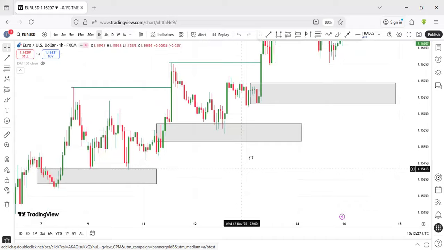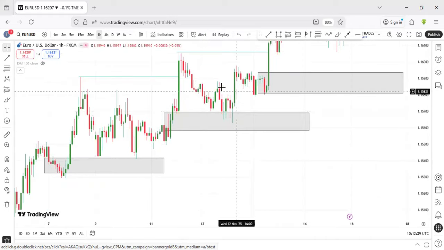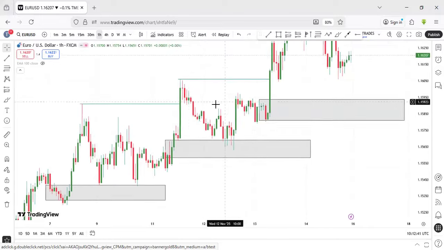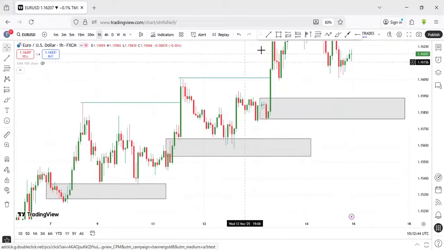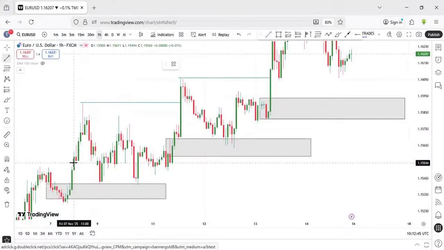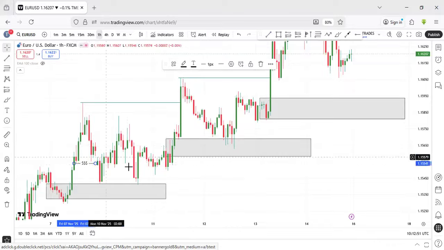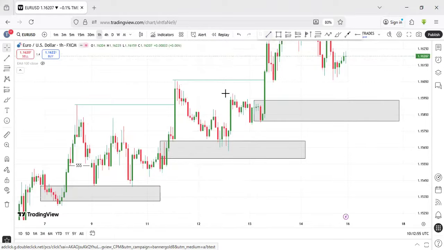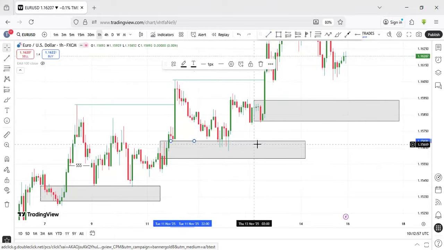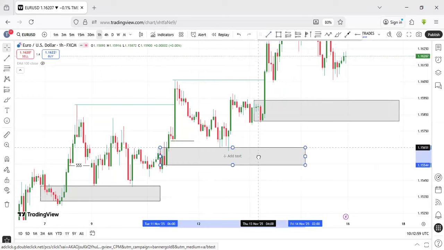And the market always comes to take out any structure created after that break of structure. Just like we are seeing here, it came here to take out this particular one. It used this as liquidity. Then the market came here, broke this one again. It used this particular one as liquidity. Let's delete this.